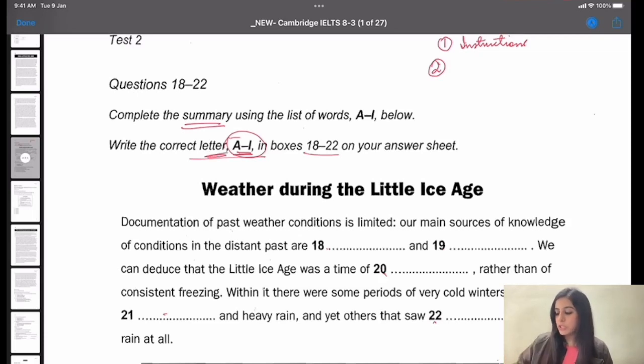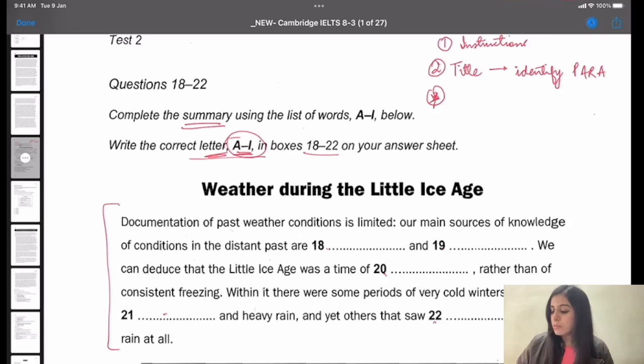Once you've read the instructions, the next thing is to read the title of the summary. As soon as you read the title, you will be in a position to identify the paragraph from where this particular part is picked up. Now try and remember this: let's put a star.